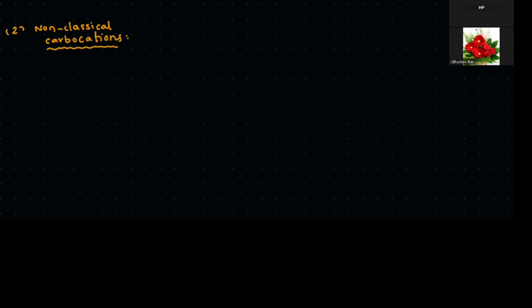Classical and non-classical carbocations. So in this, majorly the carbocations which are stabilized by delocalization of which electrons?